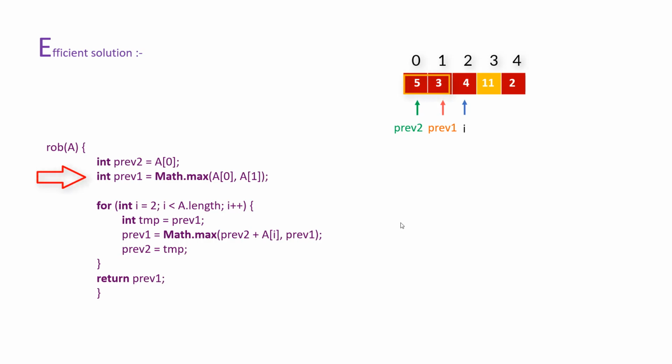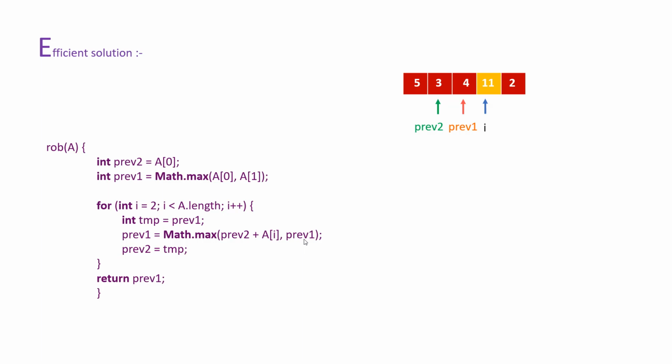In the loop, we assign previous 1 to a temporary variable and calculate the new previous 1 based on the formula which we have discussed. Because we know if you are at the ith position and you want to rob that house, the formula will be max of previous 2 plus A[i], comma previous 1. And when you move on to the next step, the previous 1 will become previous 2. That is the reason we store previous 1 as a temp, so that the temp can be assigned to previous 2.